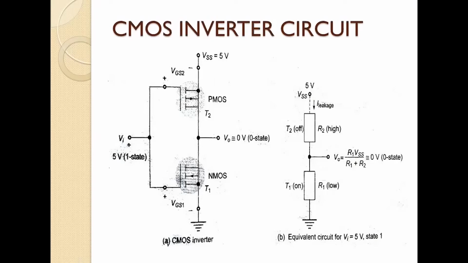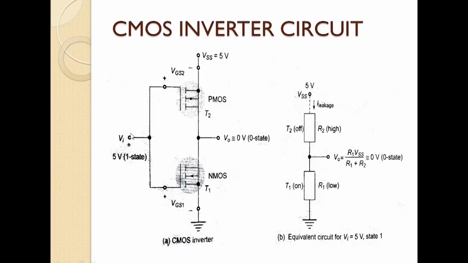Okay. Now coming to case 1. When Vi is equal to 5 volt or 1 state. 5 volt is nothing but 1 state. 0 volt is nothing but 0 state. So when we are applying 5 volt across the input, what is your VGS2?